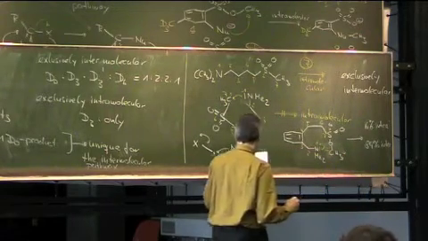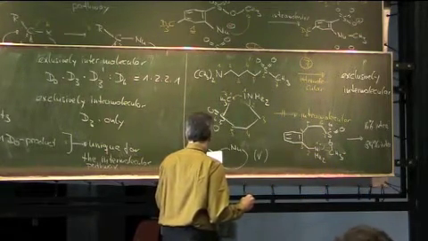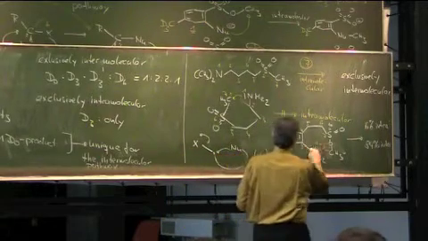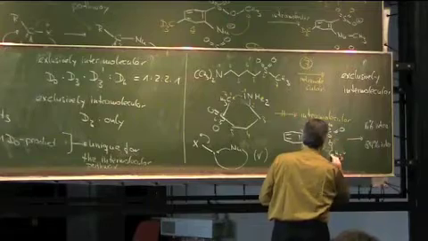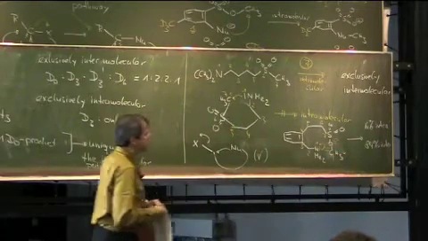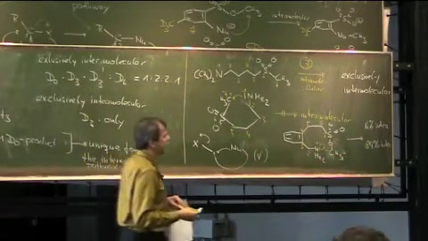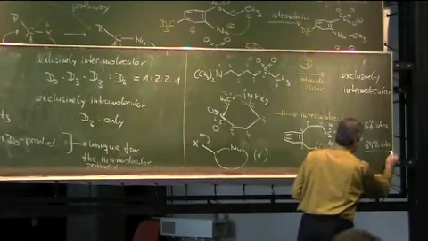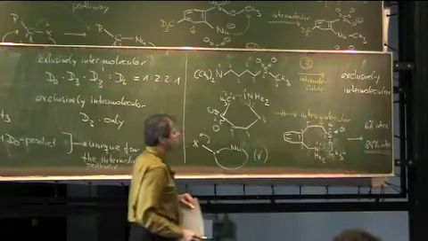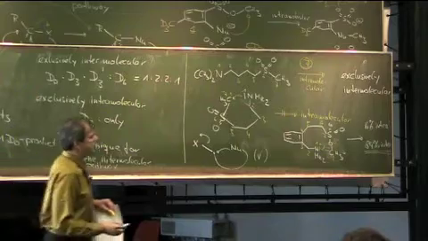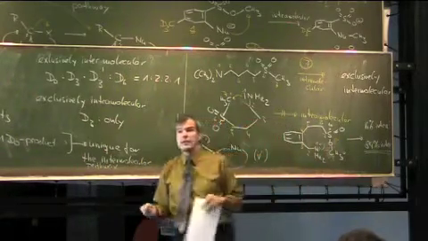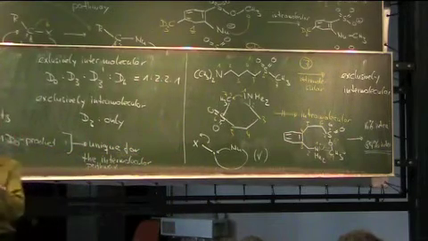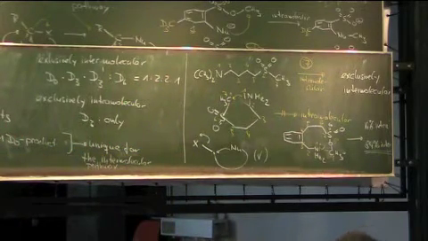Let me see this. 1, 2, 3, 4, 5, 6. So we have here 1, 2, 3, 4, 5, 6, 7, 8, 9 even. So even in this case, the major pathway was still intermolecular, although now apparently at this 9-membered ring, the 180-degree angle is close to being realized.